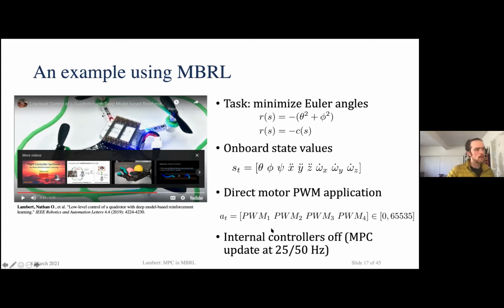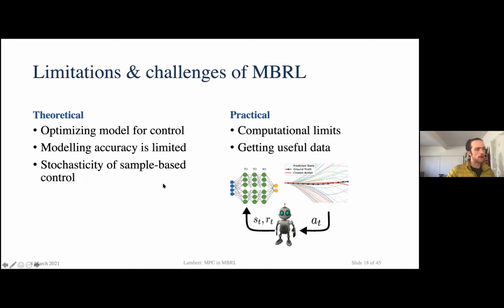Given this starting point of model-based RL, there are a lot of limitations in this approach that just uses a feed-forward model, sampling-based control, and a robot in the real world. We're not really optimizing the model for control. We're just optimizing a model to fit whatever data we have and not thinking about whether a certain model is better for control, or just better for modeling the data that we have. That's a distribution mismatch.